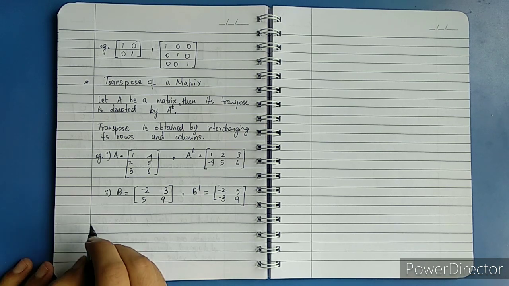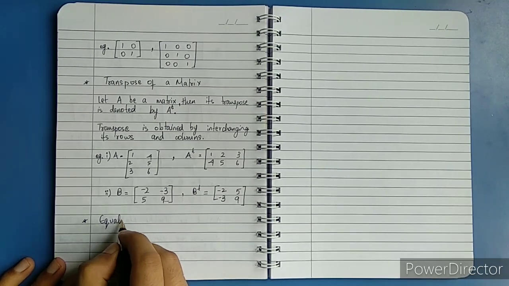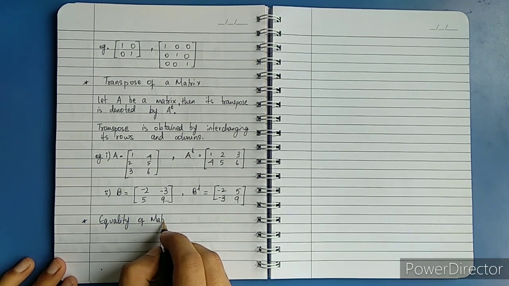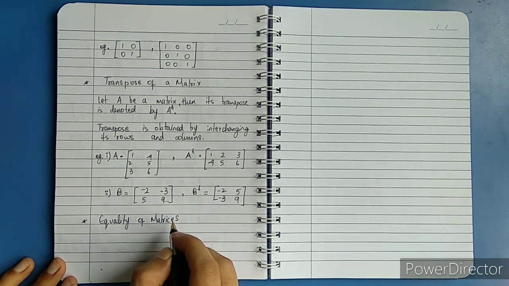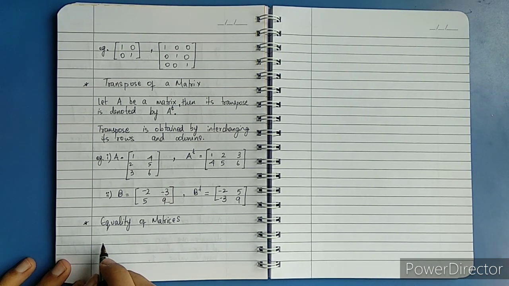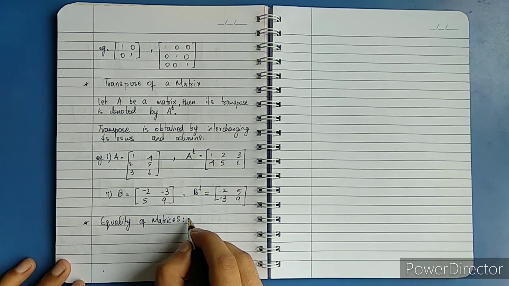Okay. And the next topic is the equality of matrices. Two matrices are said to be equal if they satisfy these two criteria.